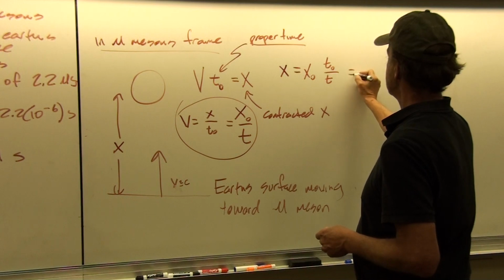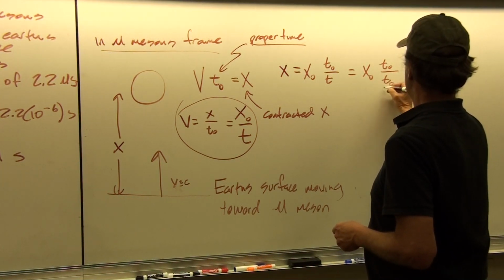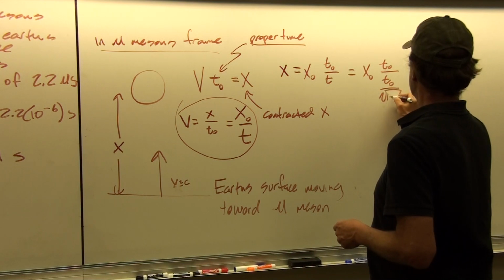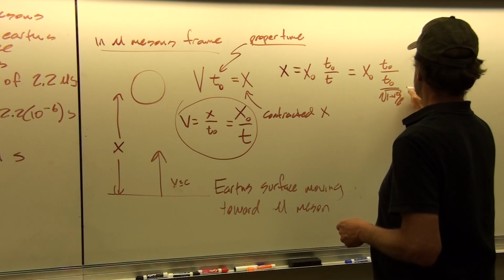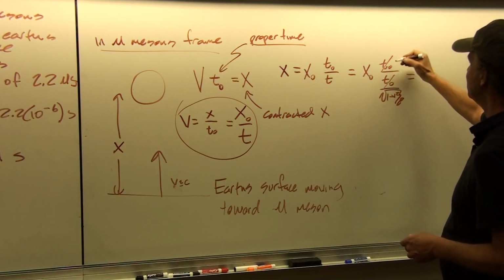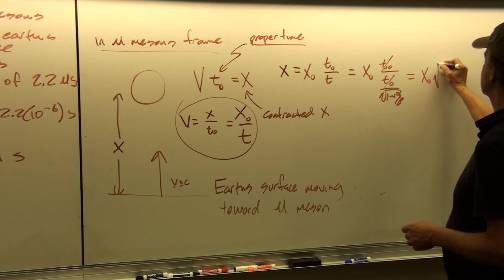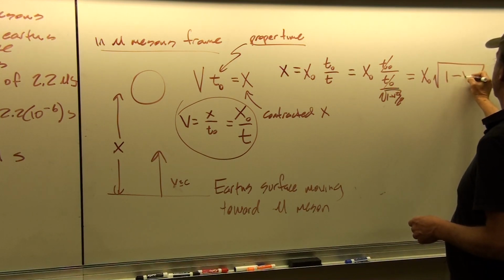But t is just t naught divided by the square root of 1 minus v squared over c squared. And so the t naughts cancel, and this is in the denominator, so it flips up. That's just x naught times the square root of 1 minus v squared over c squared.